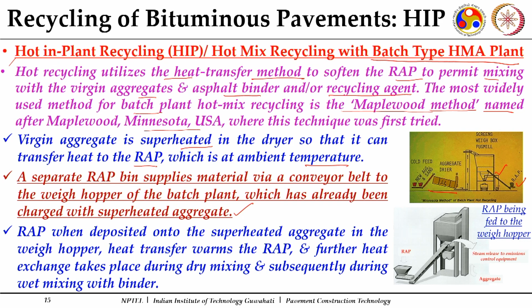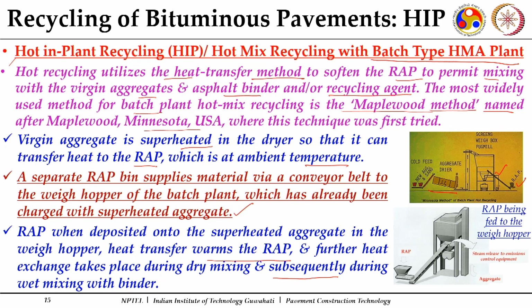Once you have the superheated virgin aggregates over which the RAP gets deposited, the RAP becomes warm as the heat transfers. Heat exchange takes place, a small amount of mixing is done with the superheated aggregates, and later on the heat transfer continues when subsequent wet mixing is done with the binder also.